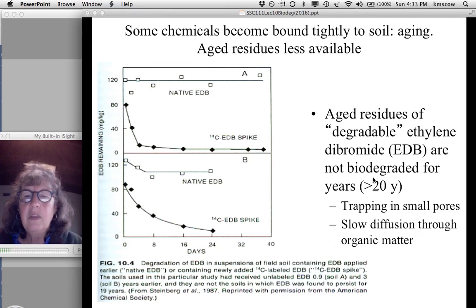So this led to this realization that there was this other kind of process going on that made molecules not available, not just through sorption or being insoluble, but these were trapped, physically trapped in small pores inside clay and organic matter, and could only very slowly diffuse out to microbes, or basically not at all. Some of them were trapped in dead-end pores.